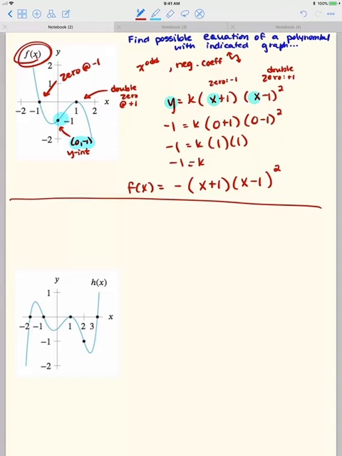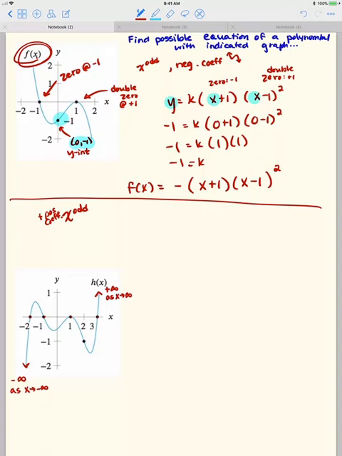The next one, if you'll notice, has 1, 2, 3, 4 crossings, but because of its end behavior, it's an odd-powered polynomial, and because of its long-run behavior of positive infinity as x goes to infinity, and negative infinity as x goes to negative infinity, it's going to have a positive coefficient.